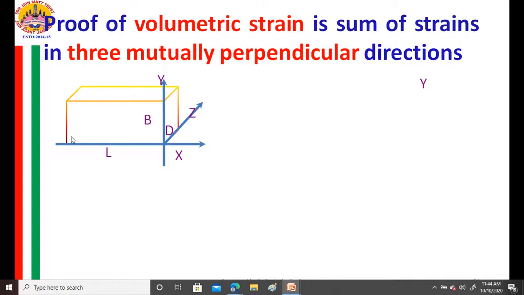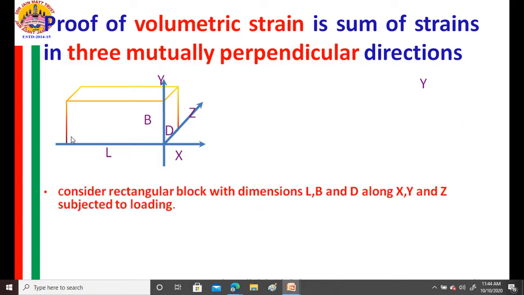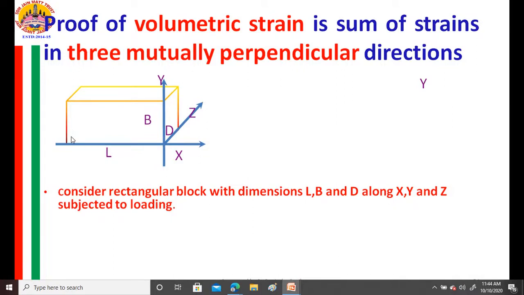I want to search for whether there is any relationship between these strains and the volumetric strain. So I am starting by considering a rectangular block with dimensions L, B, D along X, Y and Z directions. The load may be anything; it is a general loading.